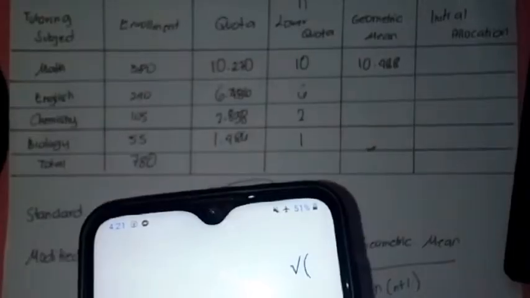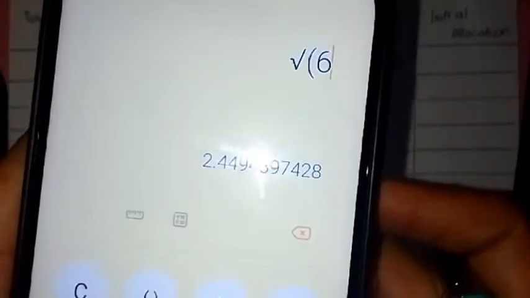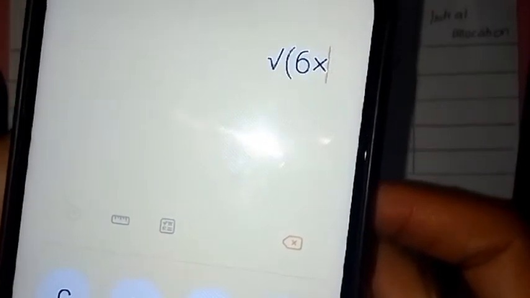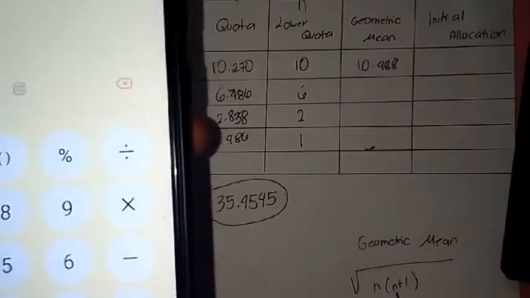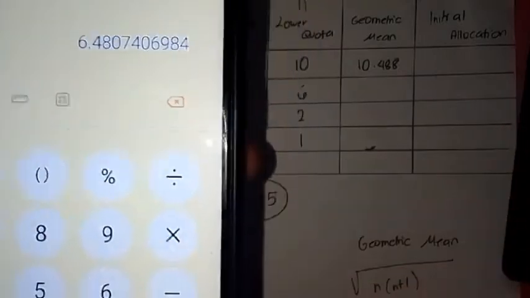Square root of 6 times N plus 1, 6 plus 1, 7 equals 6.481.